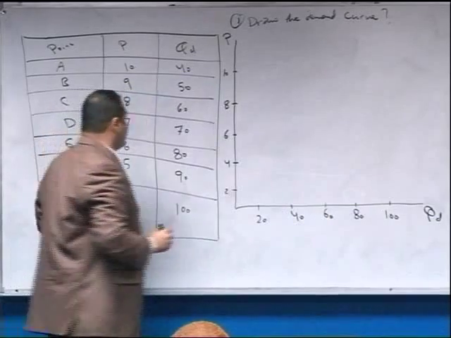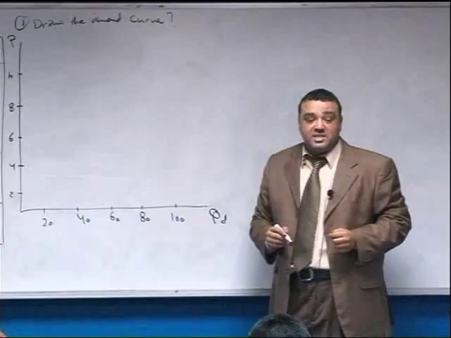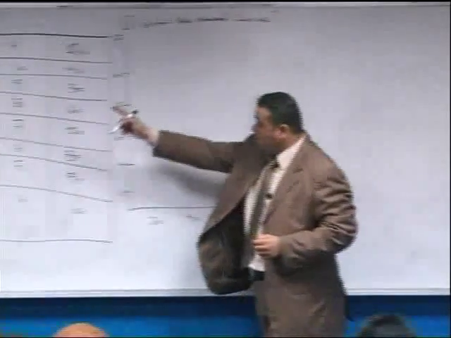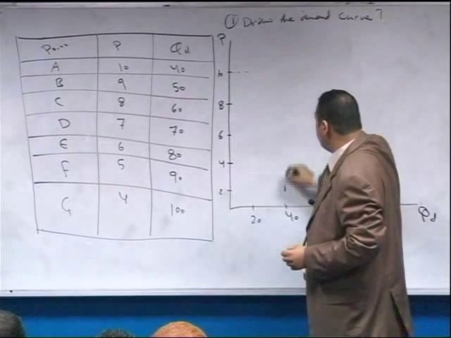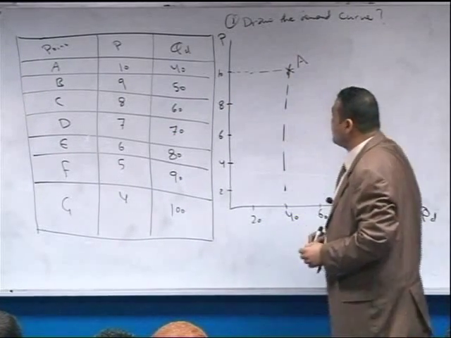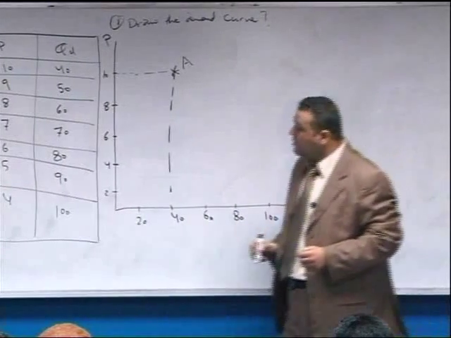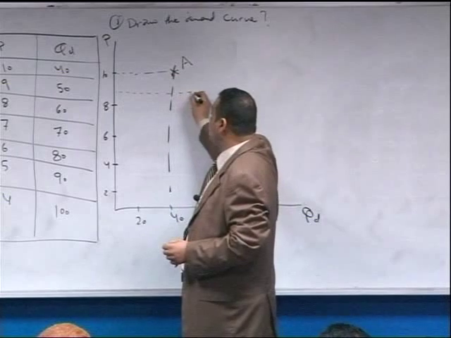The first point, at point A, the price is 10 and the quantity demanded is 40. This is point A. Point B, 9 and 50.